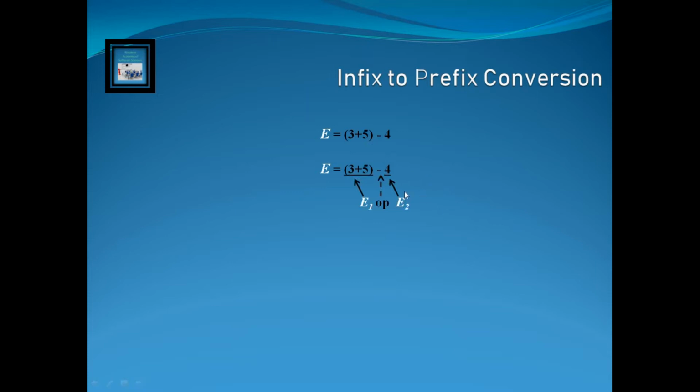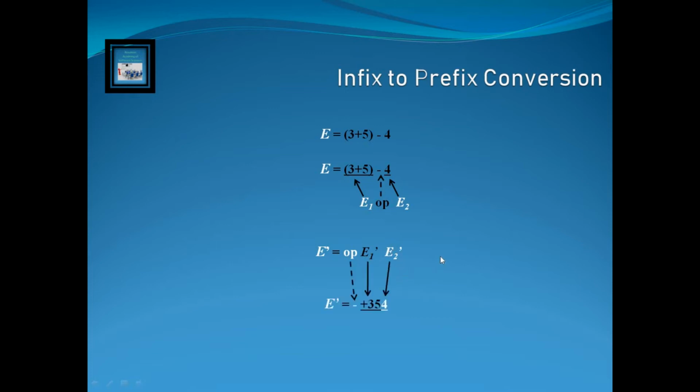Okay. So the rule number 2 says that the operator will come first, and then there should be the prefix form of this first expression. That means if we name this first expression e1, then its prefix form is e1 prime, and then the prefix form of the second expression, e2 prime.